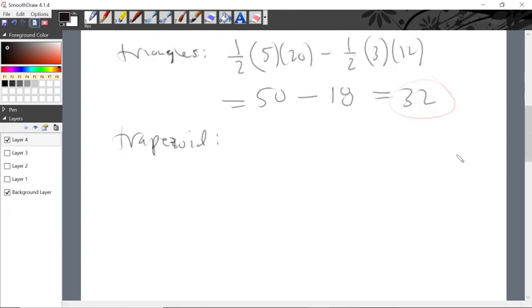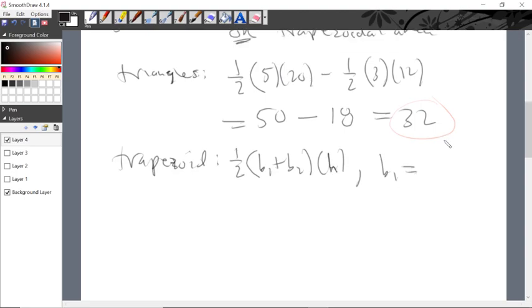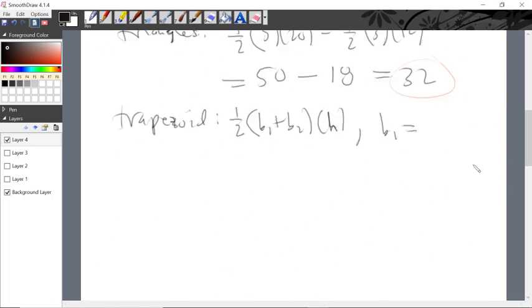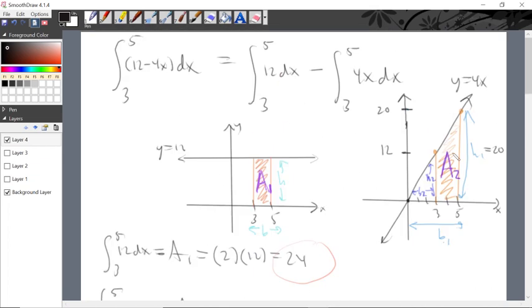So here's a formula for the trapezoidal area: 1/2 times B1 plus B2 times H. I'm going to change my variables here so we don't confuse them with the ones I used for the triangle.